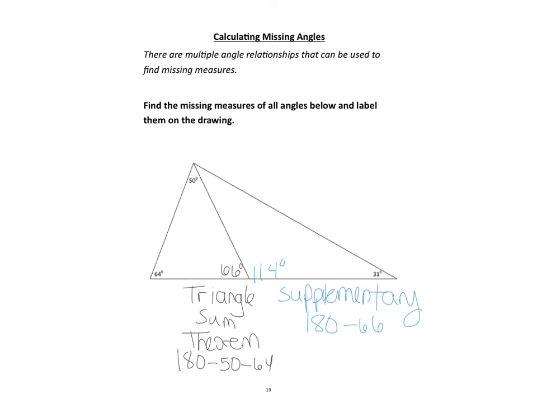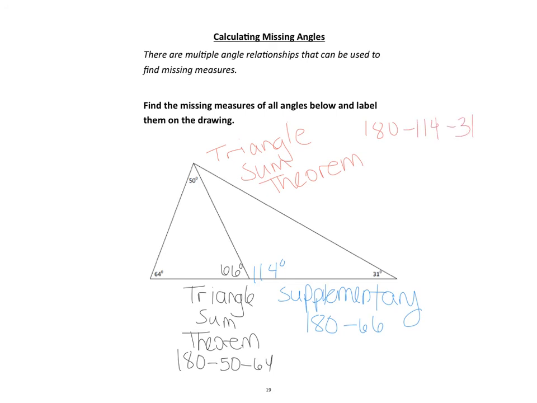For the angle at the top, we have to use the Triangle Sum Theorem. Don't abbreviate it to TST, write it out. And we could say that there's a triangle on the right or there's the whole triangle. We can say that the triangle on the right would be 180 minus 114 minus 31.